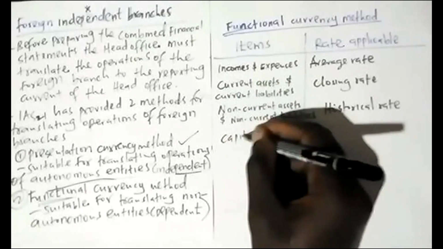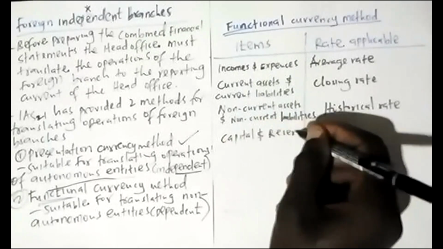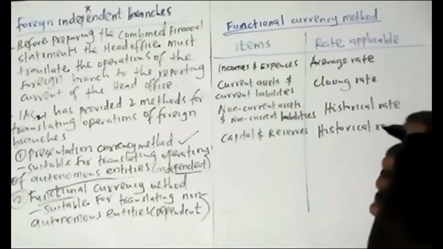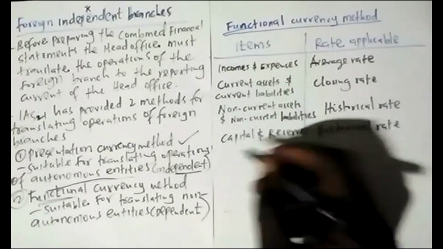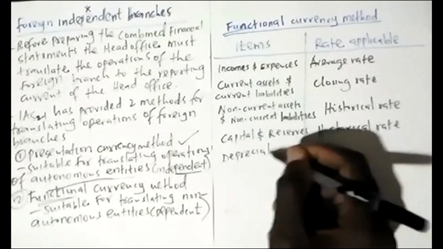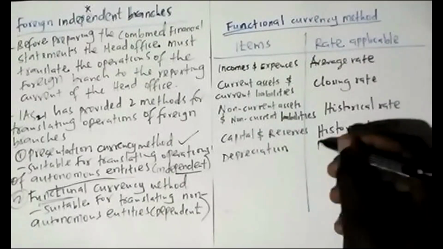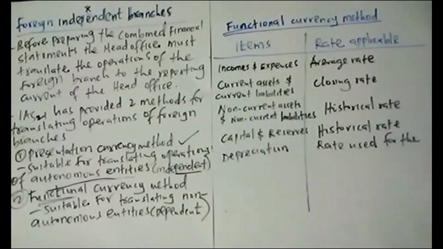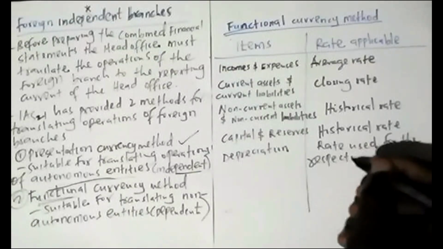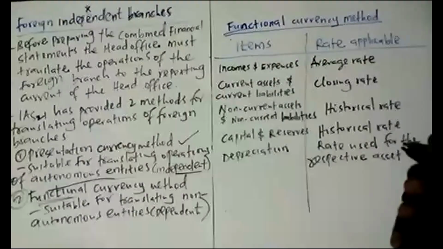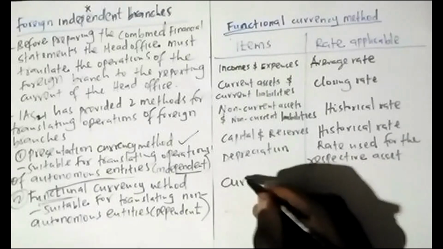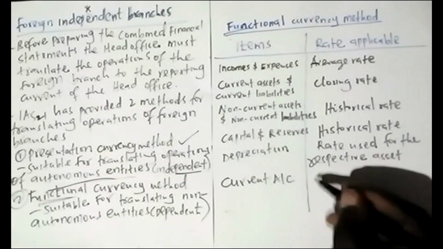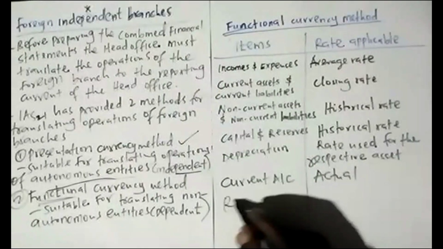Then we have capital and reserves, historical. Depreciation, obviously, the rate used for the respective asset. Then we have current accounts, the head office and branch current account, you go with the actual. Then for the remittance, you go with the actual.